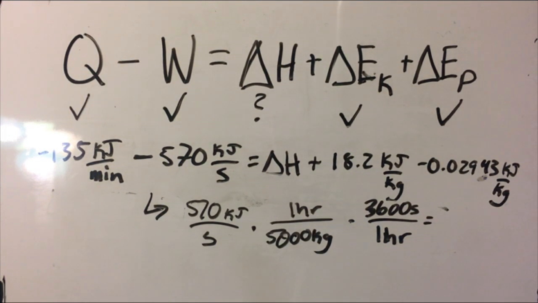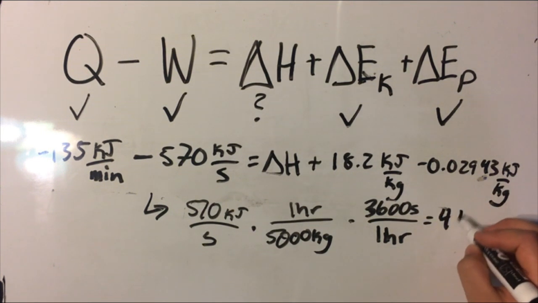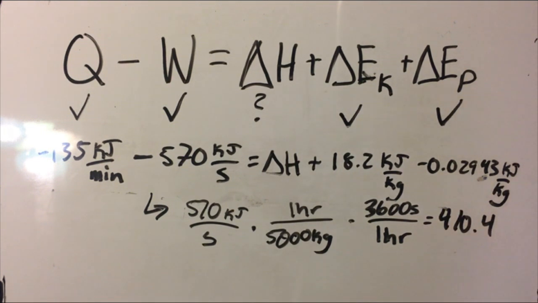Plug that into the calculator. And we're going to get 410.4 kilojoules per kilogram.